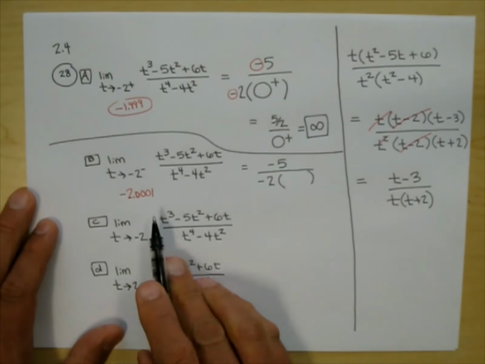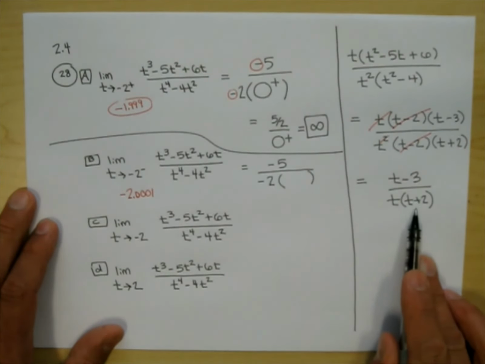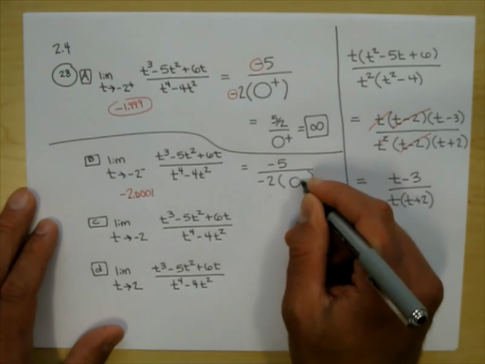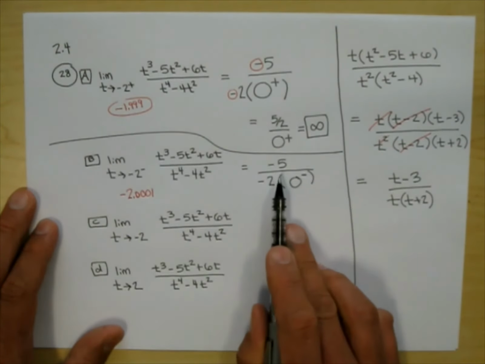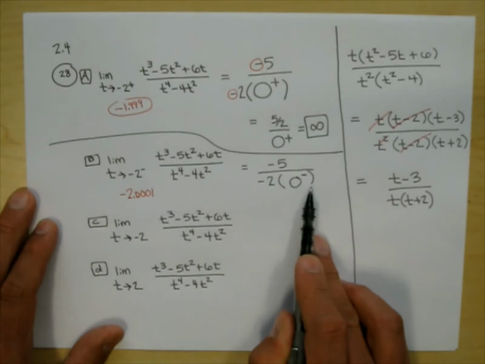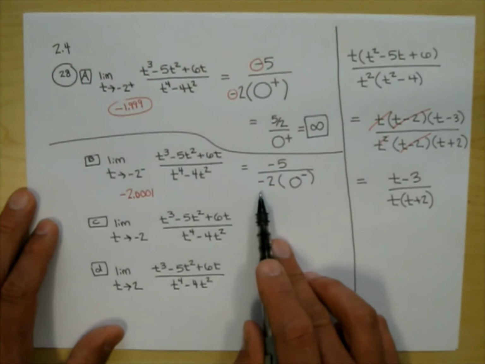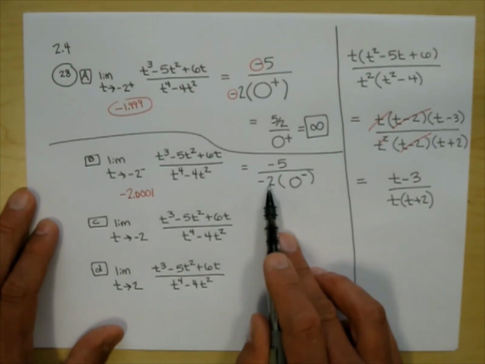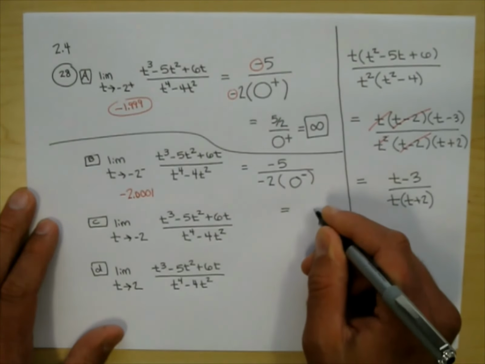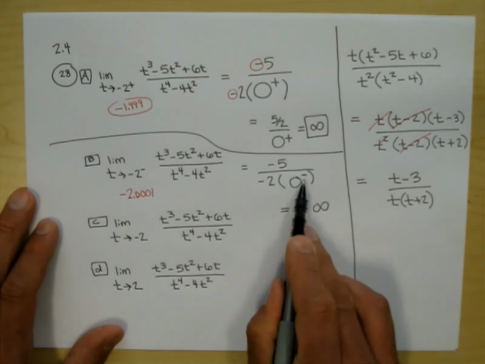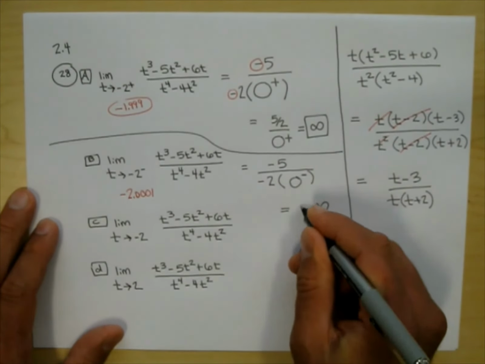You put that in for t, and you're going to get a very, very small, in magnitude, negative number. So you're going to get 0 minus. Notice, a negative, a negative, a negative. There are 3 negatives there, which is going to give you a negative, and you've got that very small magnitude on the bottom, and 5 halves on the top. So this is going to take you to an infinity, but because there are 3 negatives, it's going to be negative infinity.